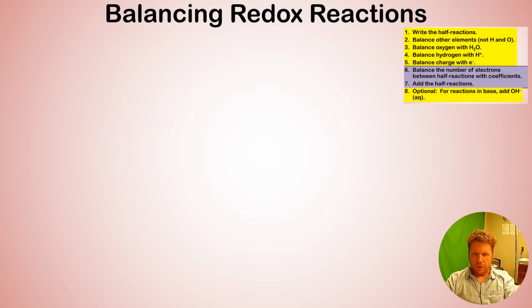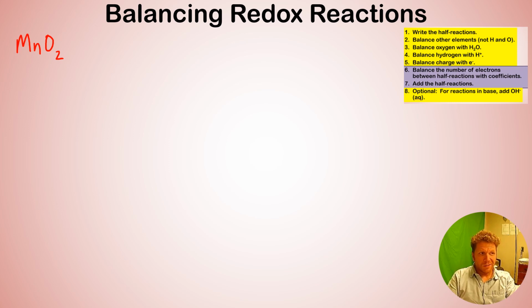Now I'm going to keep a tally up in the right-hand corner, and I'm going to balance one of the questions that I've got. In a particular redox reaction, MnO2. So I'm going to write this down. MnO2 is oxidized to MnO4.